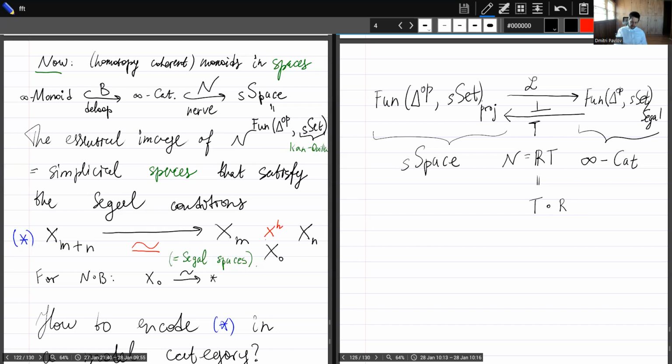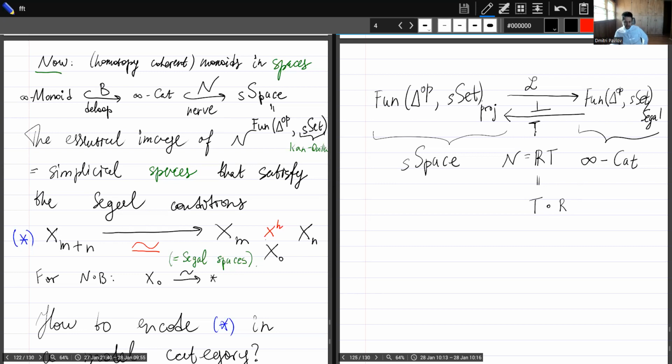Now, if your input data already satisfied the Segal conditions, then this construction basically does nothing. And so you may ask, well, what's the point of calling the do nothing functor the homotopy coherent nerve functor?